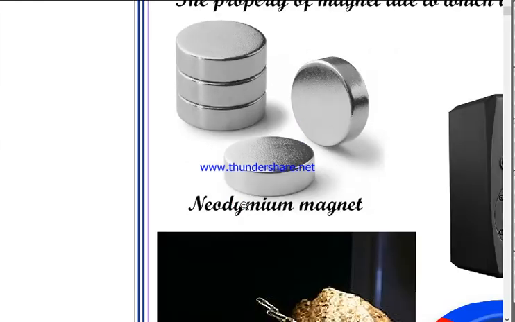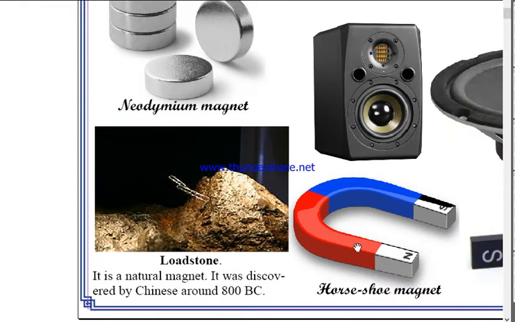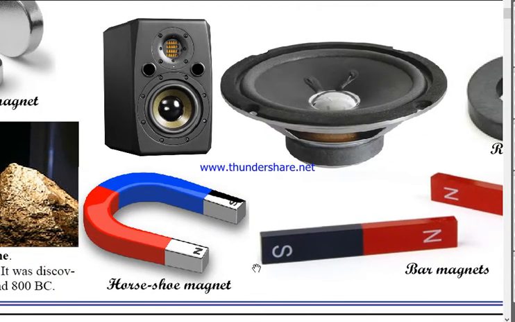But our conventional magnets are usually made up of alnico, an alloy of aluminium, nickel and cobalt. Some may use ferroalnico, meaning iron, aluminium, nickel and cobalt.